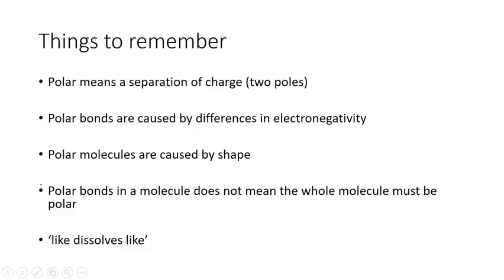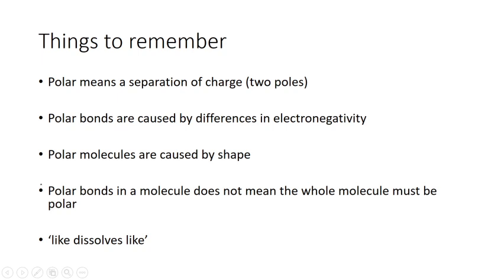So to wrap this up, some things to remember: polar means a separation of charge. Think two poles, like a magnet. Polar bonds are caused by differences in electronegativity between the atoms that they're bonded to. Polar molecules are caused by shape.